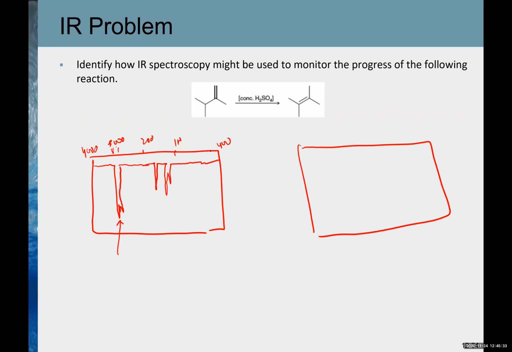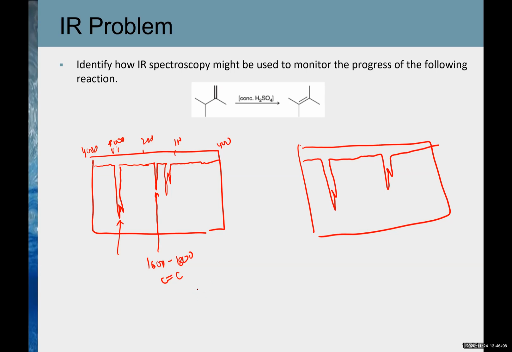So this peak at around 1600 to 1800 is C double bond C. It will be present in the beginning, and it will disappear. Correct. So why would it disappear? Because we end up with a symmetrical molecule. And that is the correct answer.